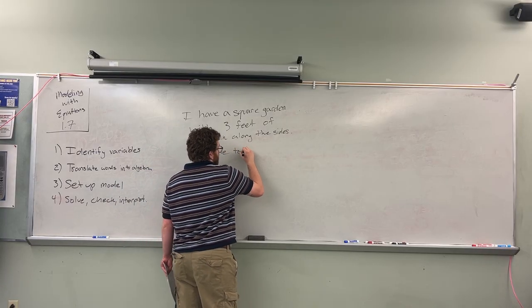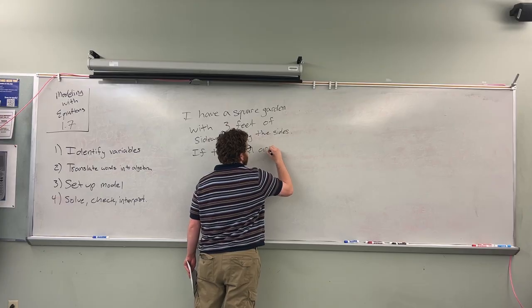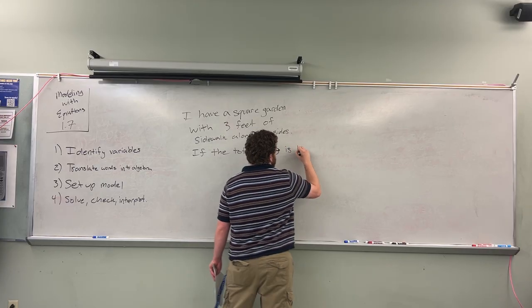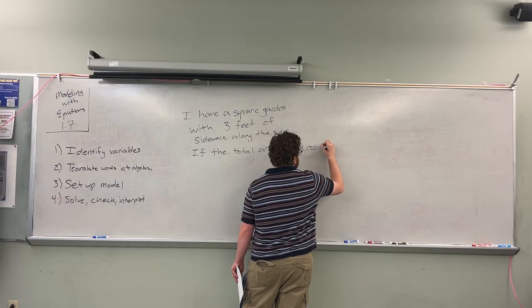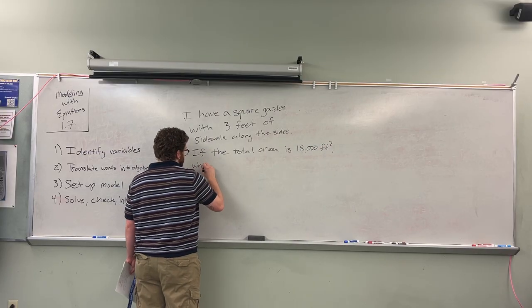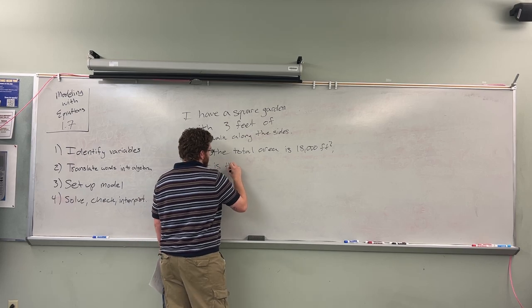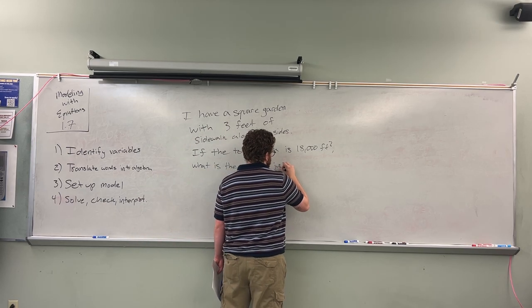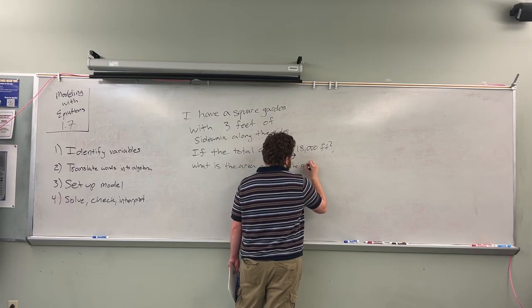If the total area of the garden and the sidewalk is 18,000 square feet, what is the area of just the garden?